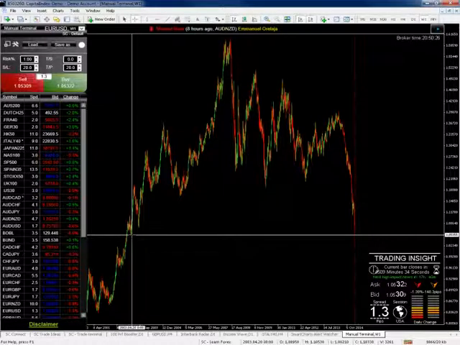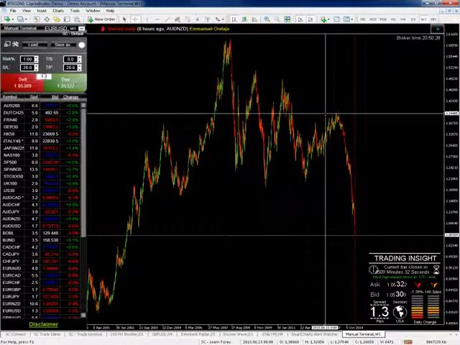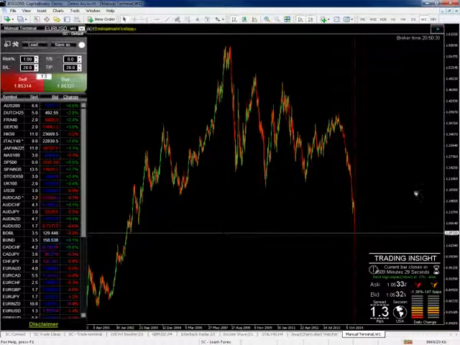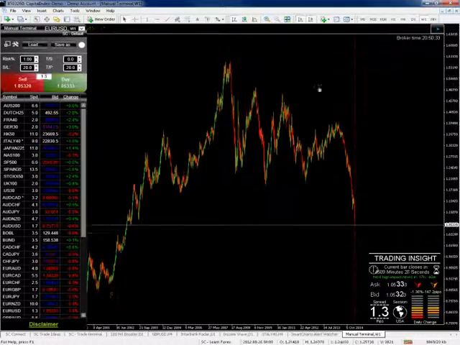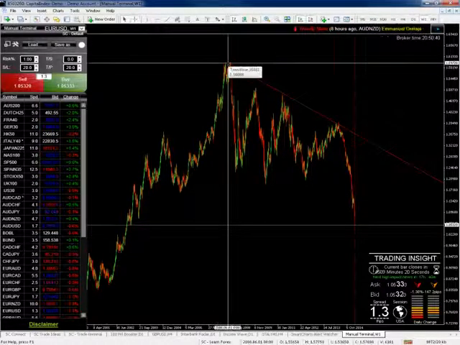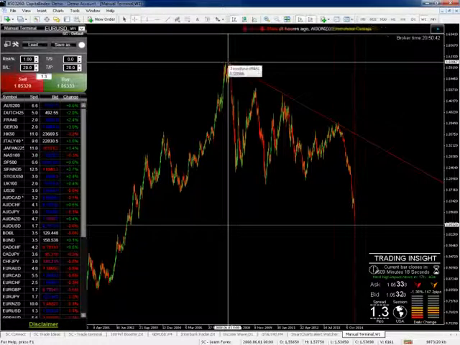In other words, that is the drop from 140 straight down to pretty much parity level, and it's been bouncing off this beautiful level here. That's a big psychological figure, a rounded number, 160.